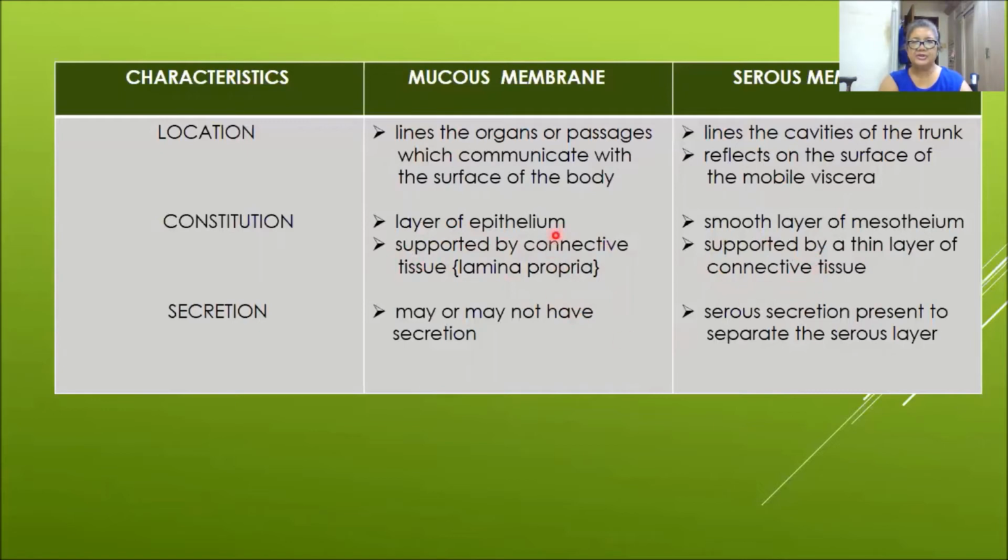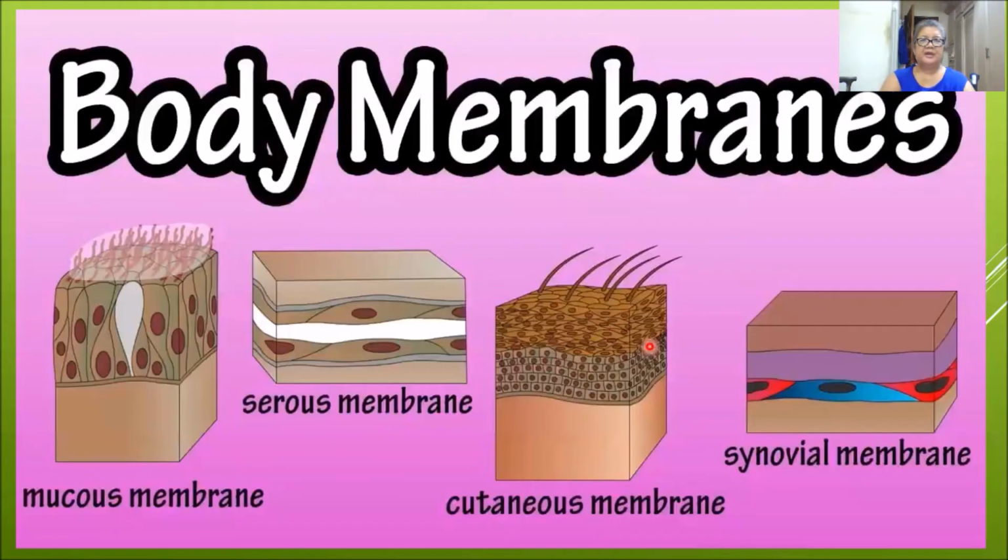As for secretion, the mucous membrane may or may not have secretion, but the serous membrane will always have a secretion, present between the two layers of the serous membrane.